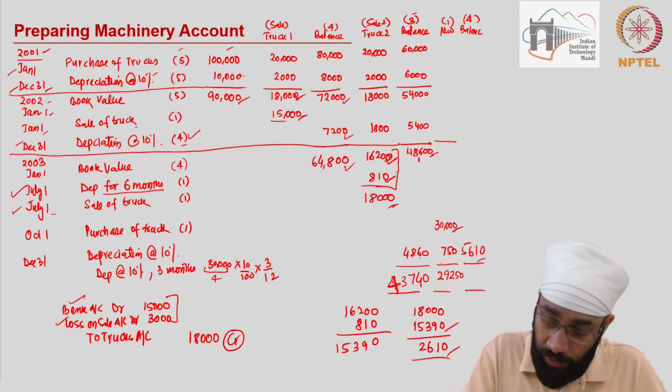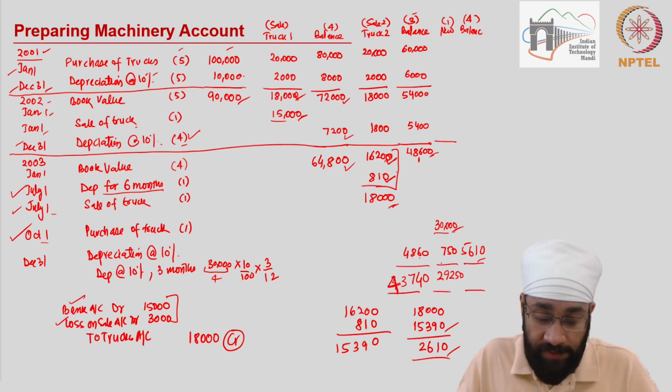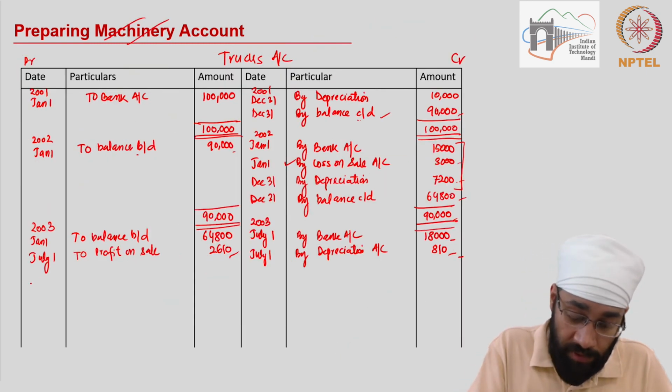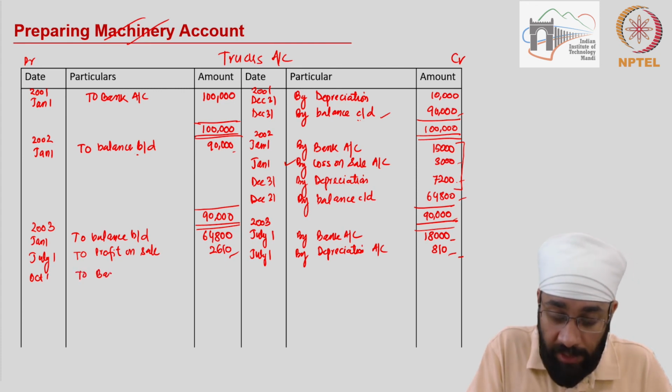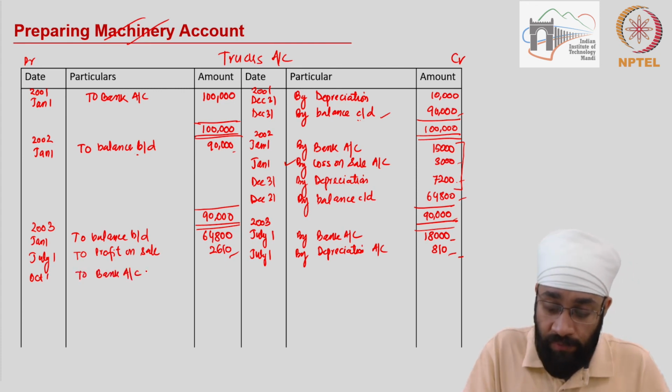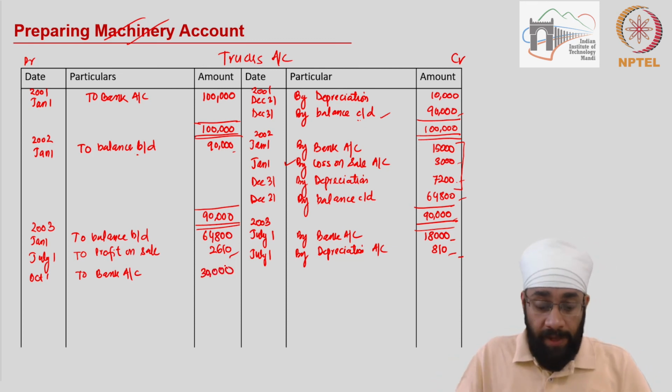Okay, let's move on to the next entry, which is the purchase of this truck on October 1st for 30,000. Same year, October 1st, I am going to write to bank account because that's the transaction for the purchase, 30,000. And that's it.